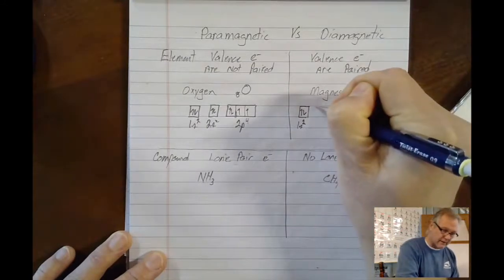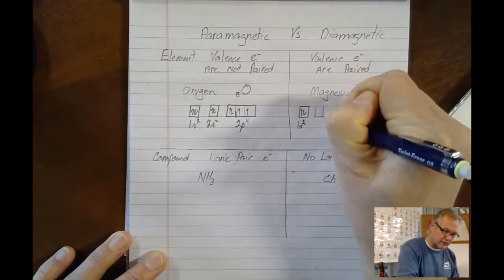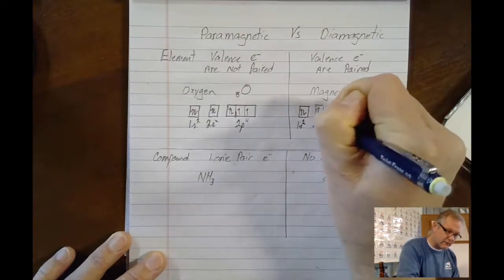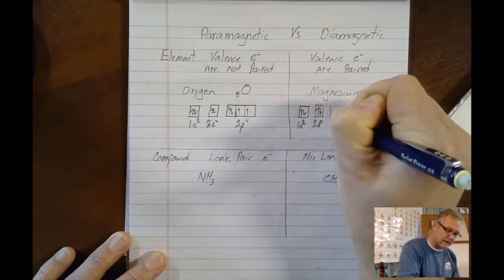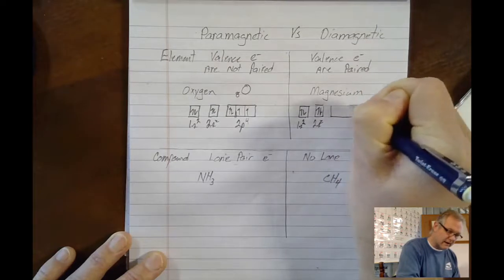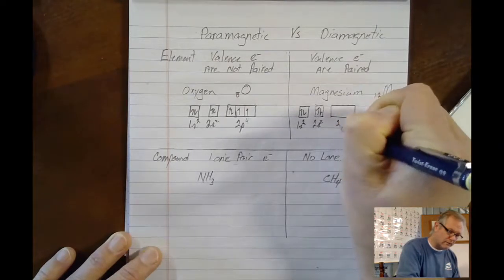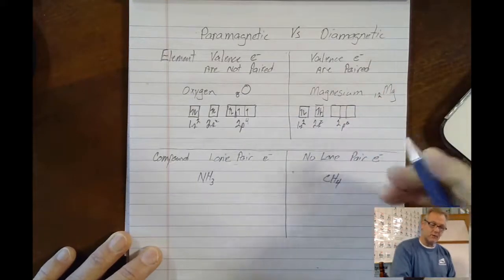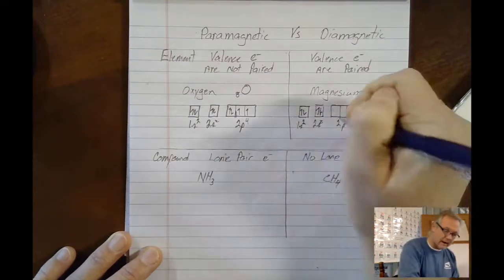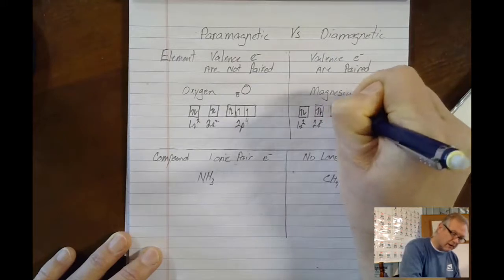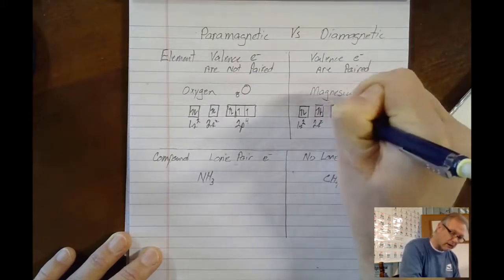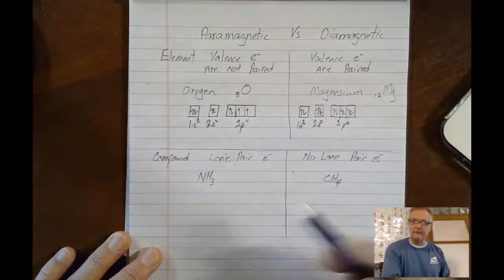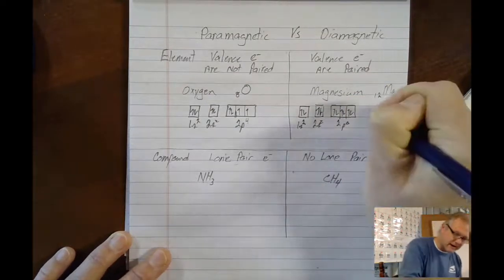Everything is paired. I've done 10, so I have to go one more, which is my 3s2. With 2 in there, you'll see that this orbital is completely full. I have no unpaired electrons, so everything is paired up. As it travels through that magnetic field, it would not be affected.